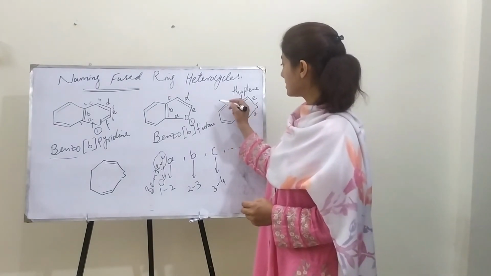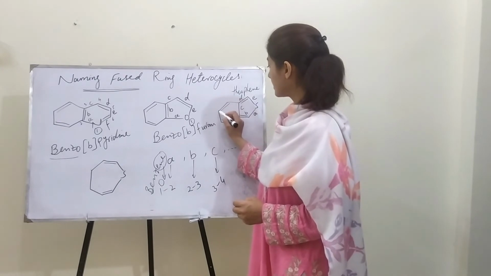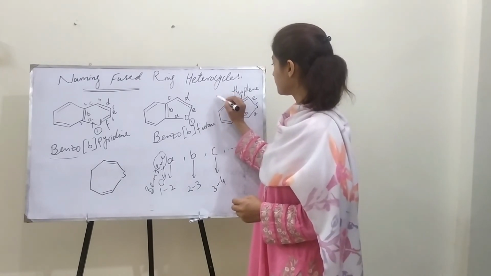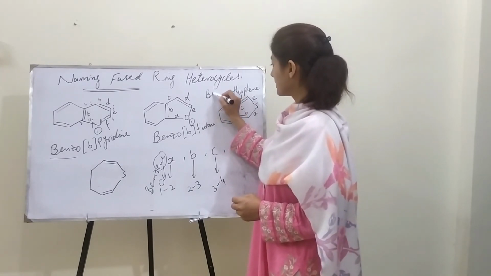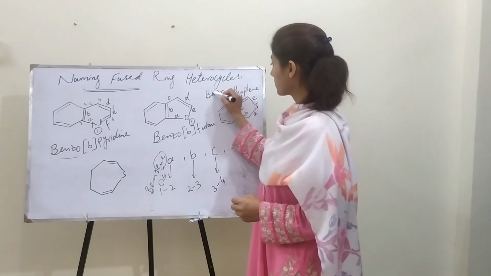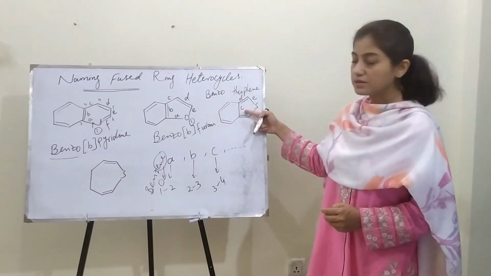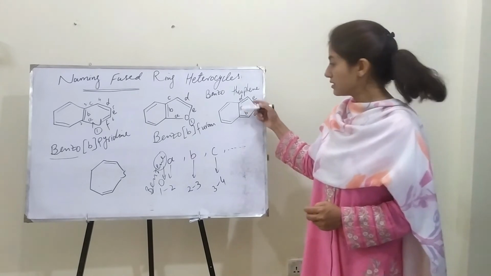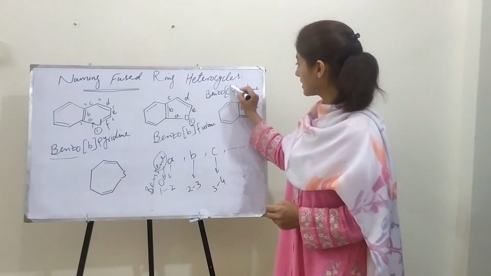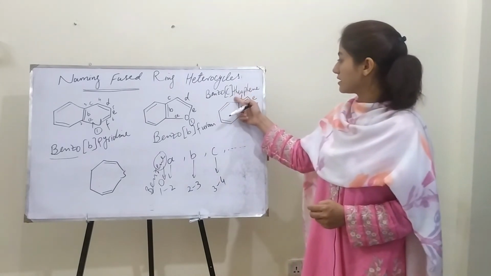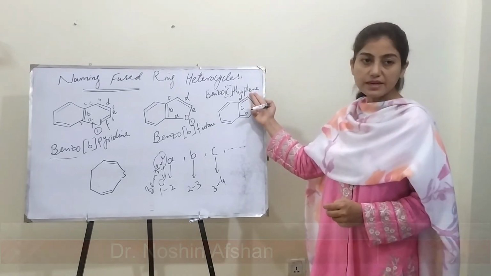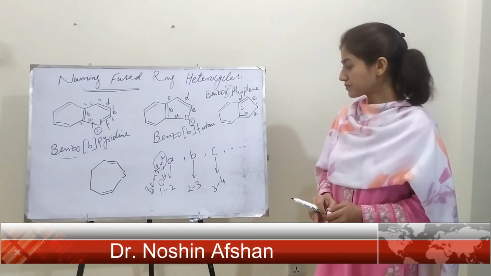Here this is benzene, so it would be benzo, and as the fused side is C, we mention it as c, and then the name of the heterocycle, that is thiophene.